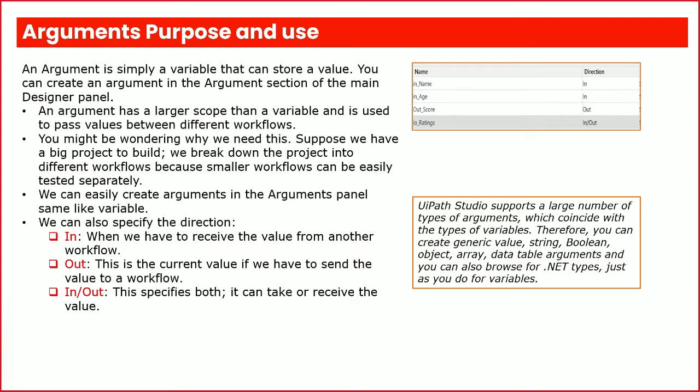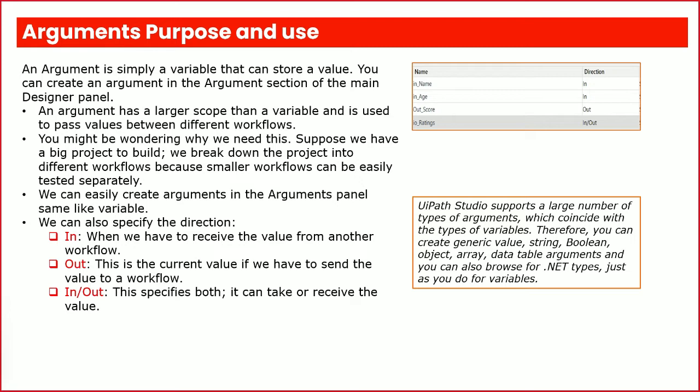Similar to variables, UiPath supports a large number of argument types, basically all the .NET types, just like you do for a variable. So there is no difference between the working of an argument and a variable. The only difference is the scope, right?